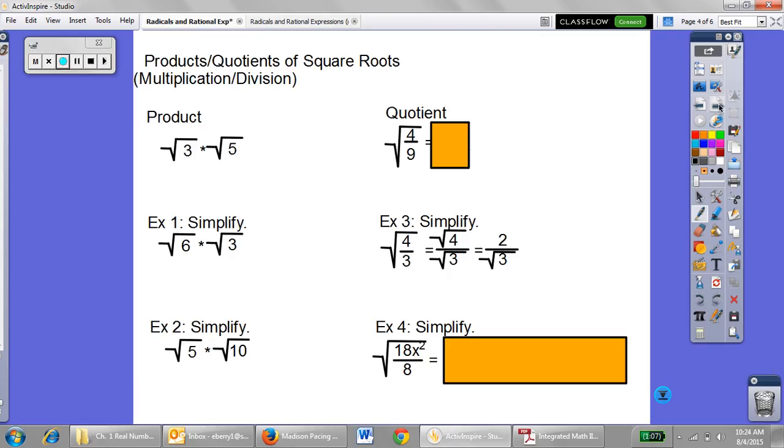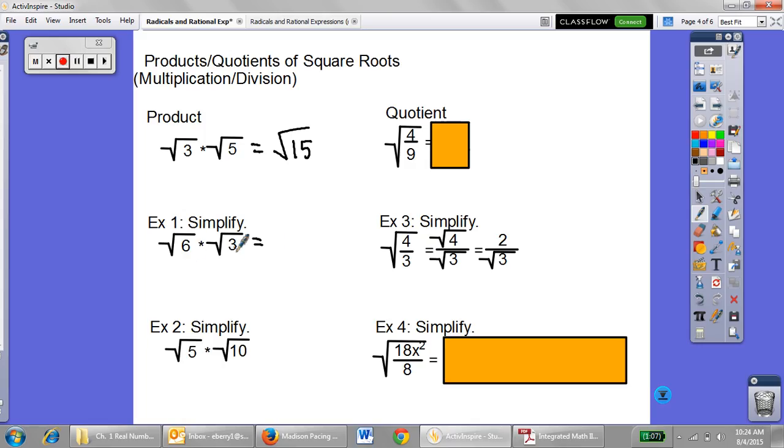Continuing on, we're going to talk a little bit about the product and the quotient, which we've seen a little bit already. So for the product of the square root of 3 and the square root of 5, I just simply multiply. So I get the square root of 15. Notice the 3 and the 5 can't be broken down any further with the factor tree. Now for the square root of 6 times the square root of 3, I have some options.